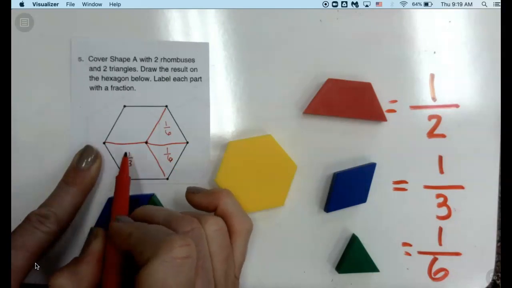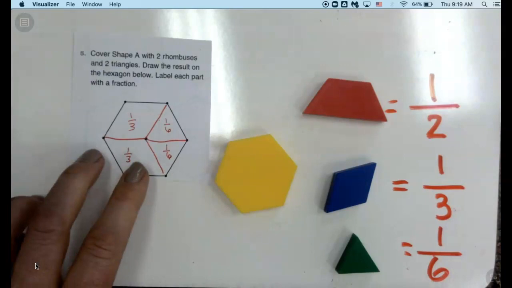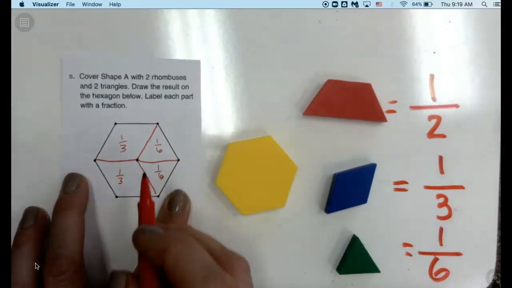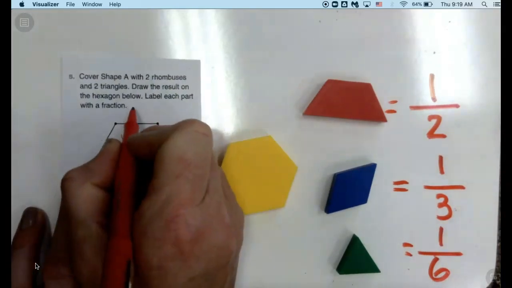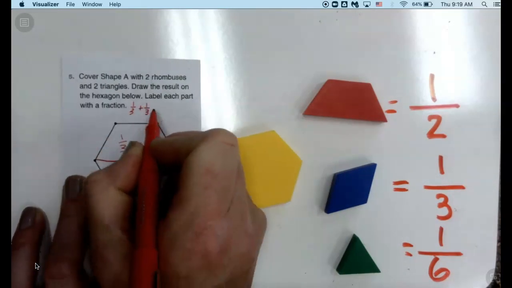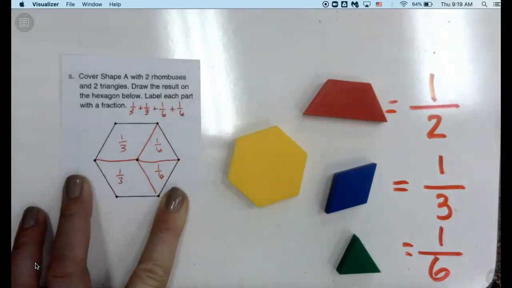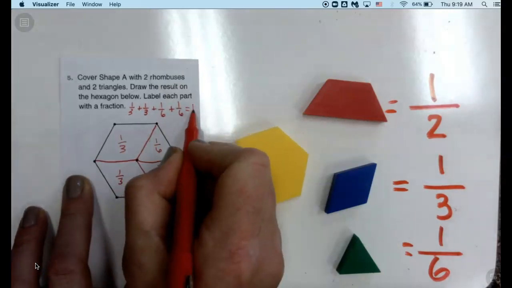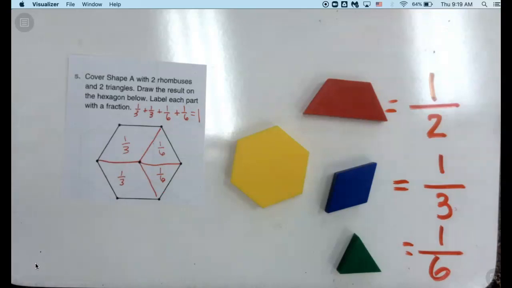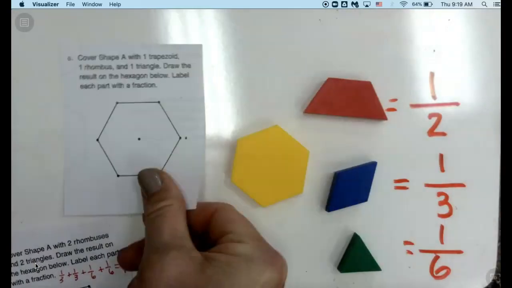So 1/3, 1/3. Okay, now if I were to use my addition skills here to talk about this, I have 1/3 plus 1/3 plus 1/6 plus 1/6. And that's going to equal our whole. Okay? So now let's try another one.